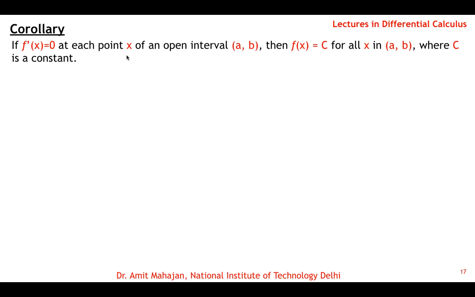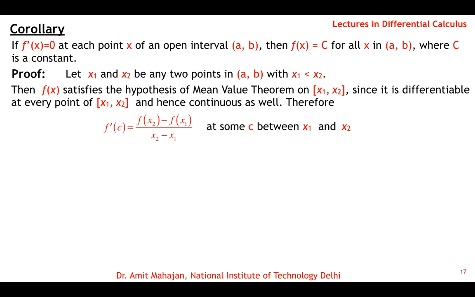So we'll prove this result. Let x1 and x2 be any 2 points in open interval AB with x1 less than x2. Then the function fx satisfies all the hypotheses of mean value theorem on the closed interval x1 x2 because the derivative exists.